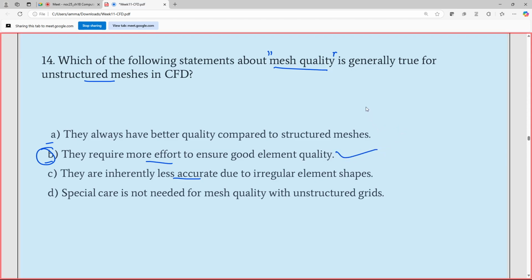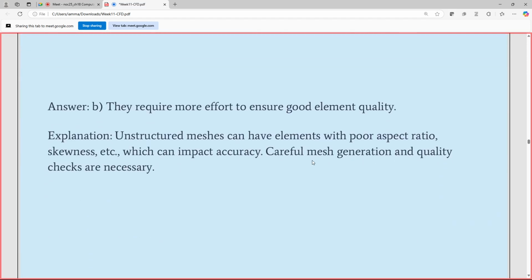Regarding mesh quality of unstructured meshes, one key aspect is that it requires more effort to ensure good element quality, because with unstructured meshes you can create elements with poor aspect ratio, skewness, etc. These are different parameters in mesh quality metrics, and creating poor quality meshes can impact the accuracy.